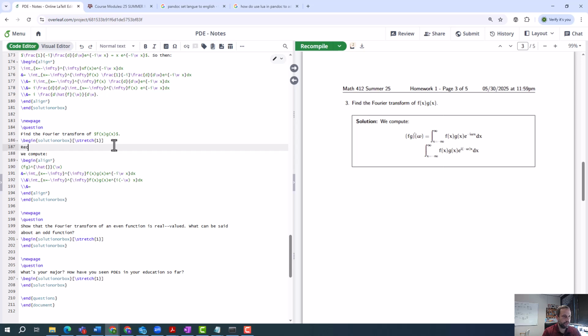Recall that the Fourier transform of f star g is equal to the square root of 2 pi times the product.